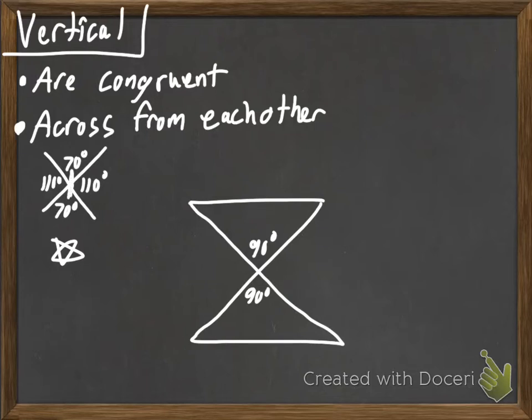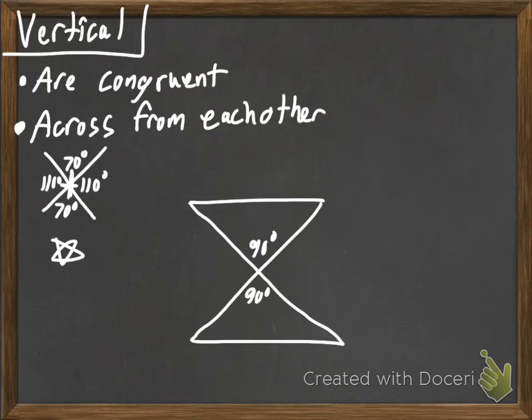If you can draw a straight line through the midpoint, then you have vertical angles. Same thing with our 110 and 110. You'll also notice that these two are supplementary as well. But that's a neat little thing that I hope you stick in your back pocket and use later.